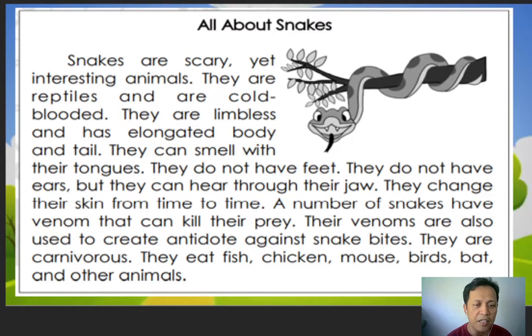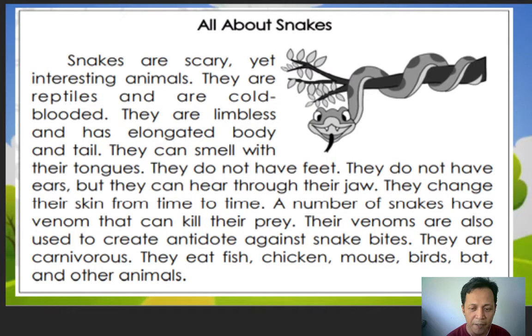They change their skin from time to time. A number of snakes have venom that can kill their prey. Their venoms are also used to create antidote against snake bites. They are carnivorous. They eat fish, chicken, mouse, birds, bat, and other animals.